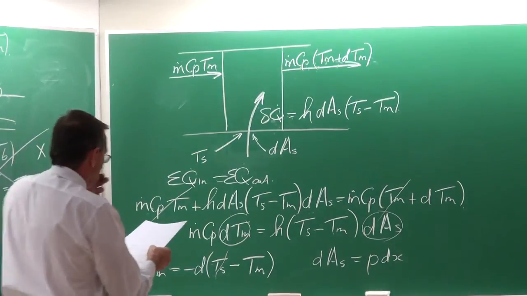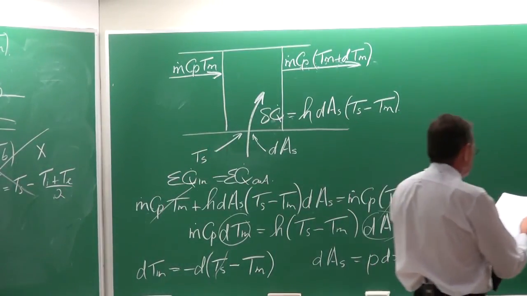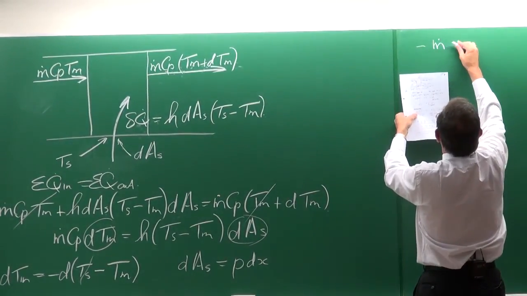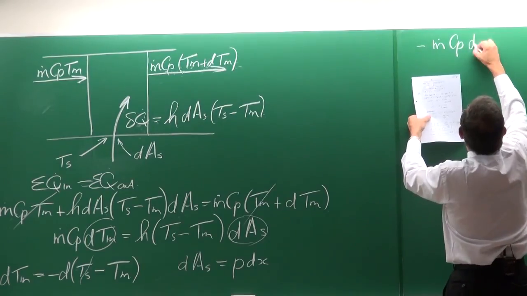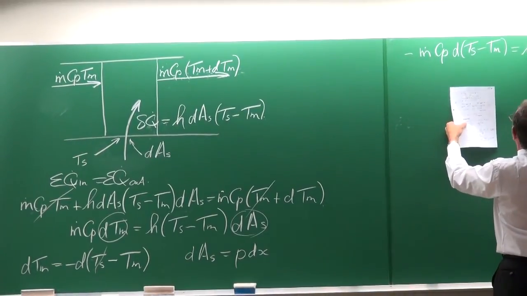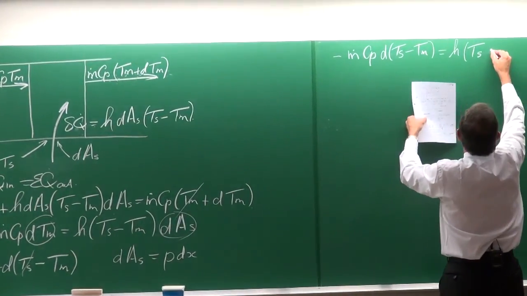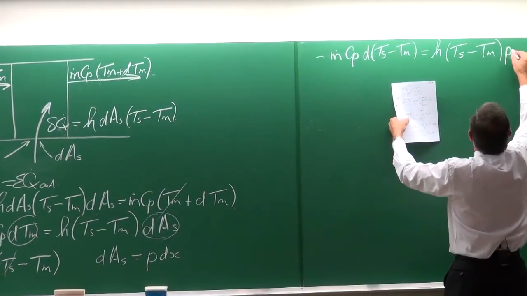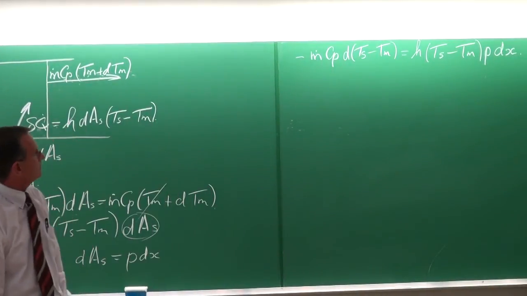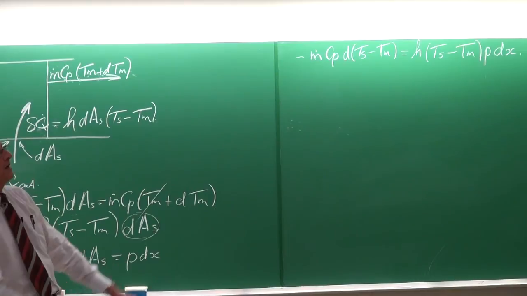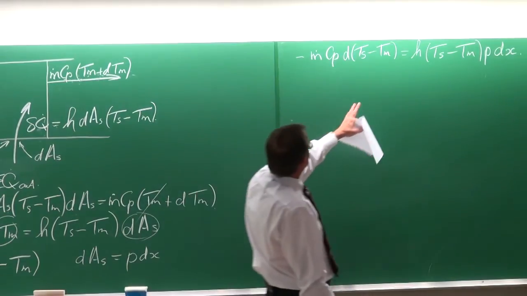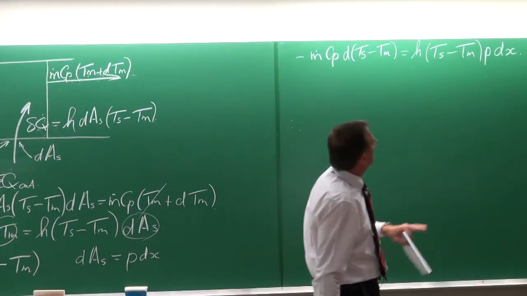So if we now put it in there, and we make it a little bit neat, we end up with the equation minus the mass flow rate Cp d(Ts minus Tm) is equal to the heat transfer coefficient multiplied by Ts minus Tm multiplied by P dx. So m dot Cp d(Ts minus Tm) is equal to h (Ts minus Tm) P dx.